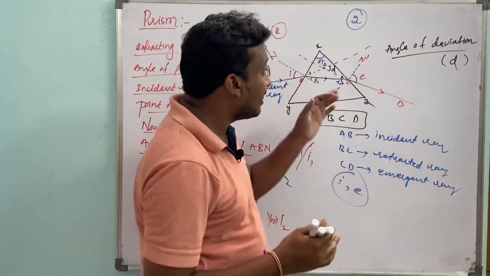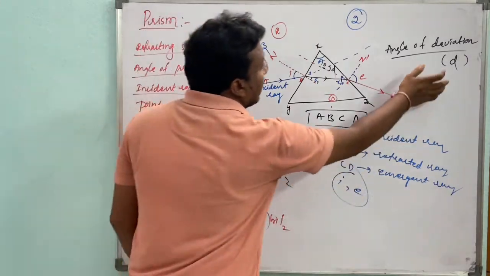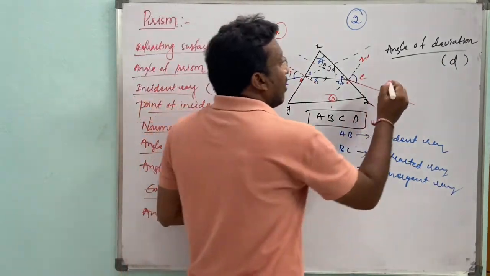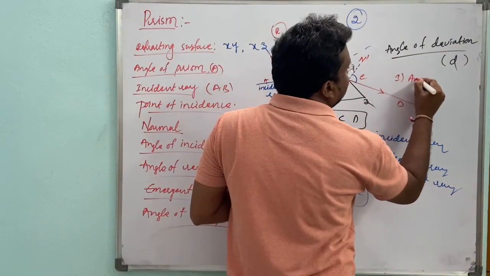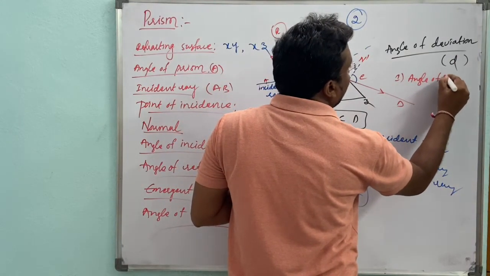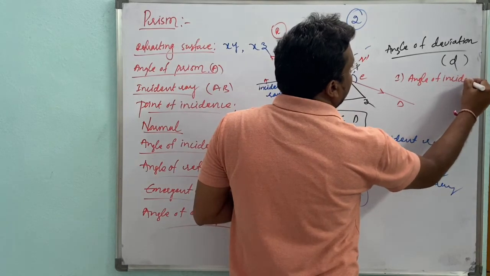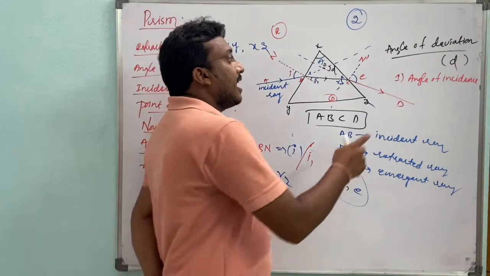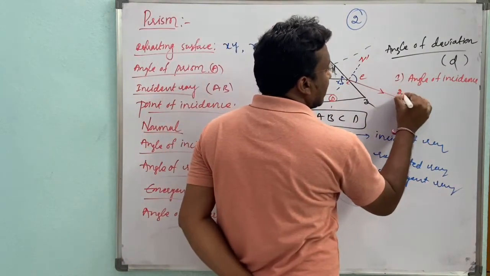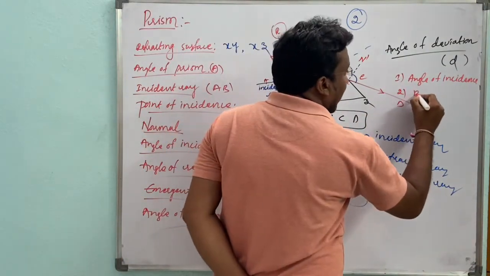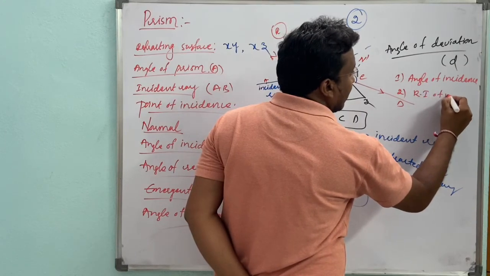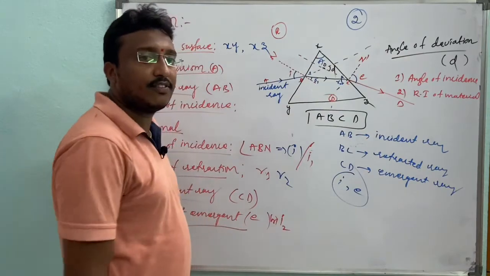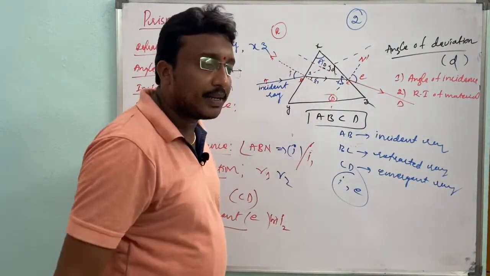Got it? Then the angle of deviation depends on the following factors. One is the angle of incidence. Second one is the refractive index of the material used to make the prism.